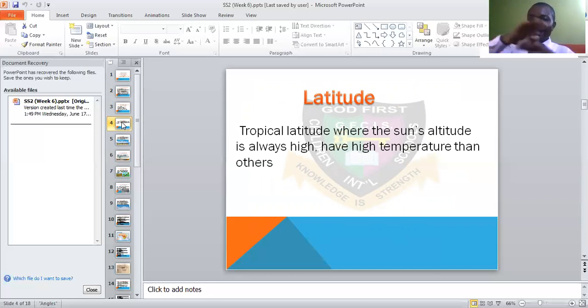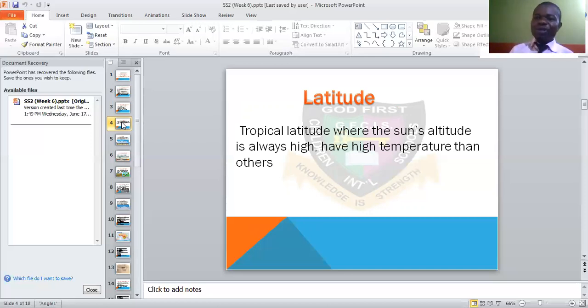Those places near the equator, we call them the tropic side, that's from the equator close to the Tropic of Cancer and the Tropic of Capricorn. We said the sun's altitude is always very high in those areas, and so they have high temperature. It is just like placing a lamp in a particular place, the light will shine very well.